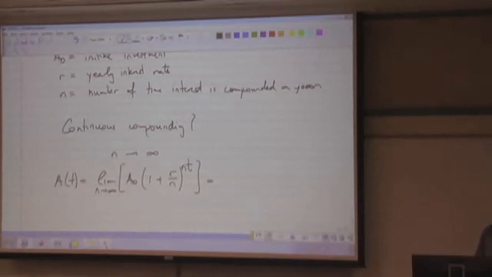It's a constant, right? So I can take that out. Moreover, I can write this as A0 times the limit as n goes to infinity of (1 plus r over n) to the n, all raised to the t power. If it's a constant, you can just completely move it out of the limit. So far so good?